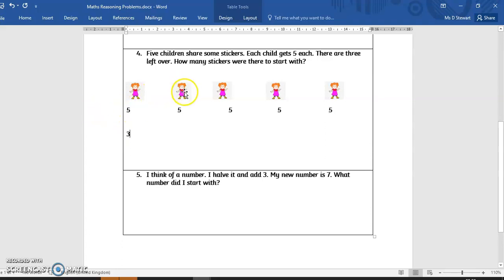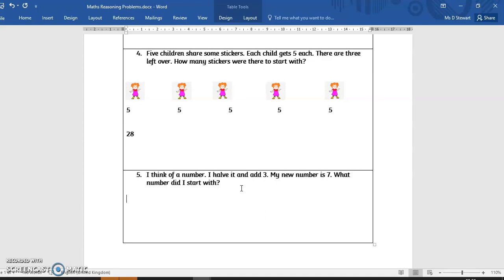So that's 5, 10, 15, 20, 25. If I count up, 26, 27, 28. So how many stickers did they have altogether? It was 28. We could sort our 25, so they had 5 each, and the 3 left over makes it up to 28.